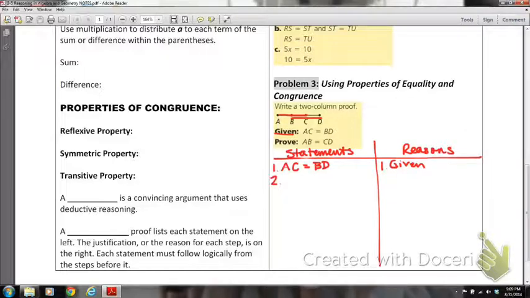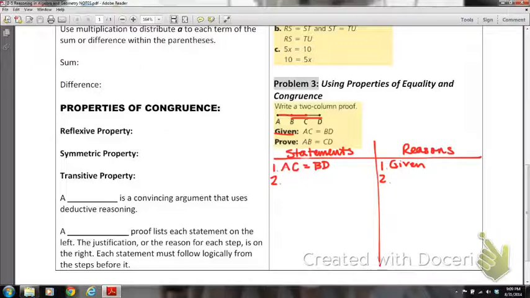Second statement, just observing from the diagram, we can plan this out. If we could subtract the length of segment BC from each of those segments, then we should have what we need to get the length of AB equal to the length of segment CD.